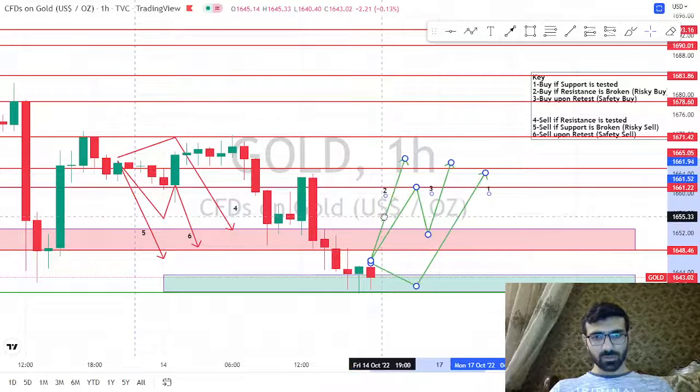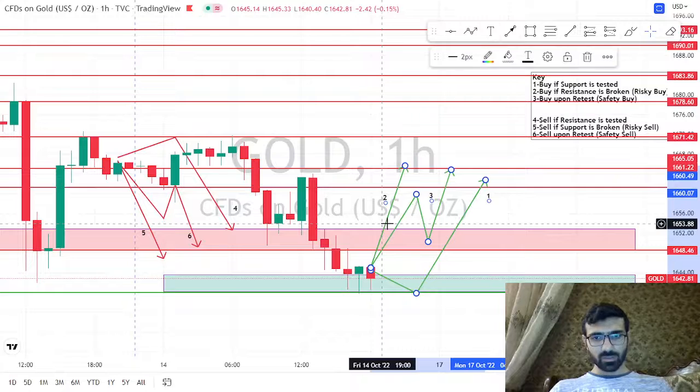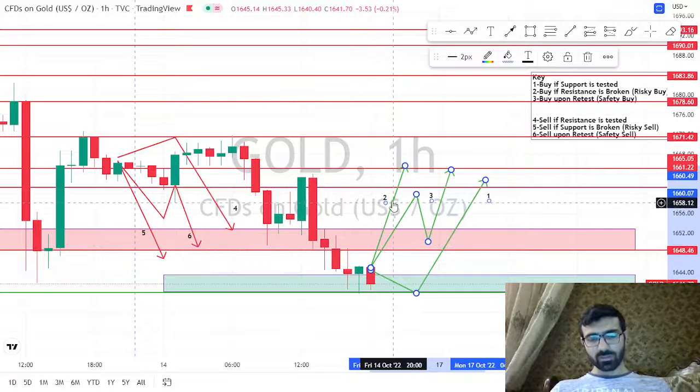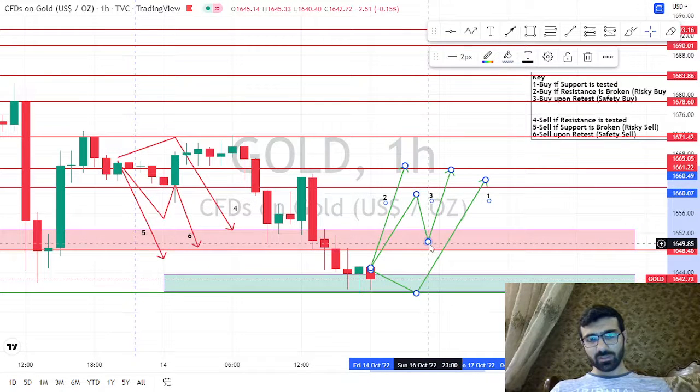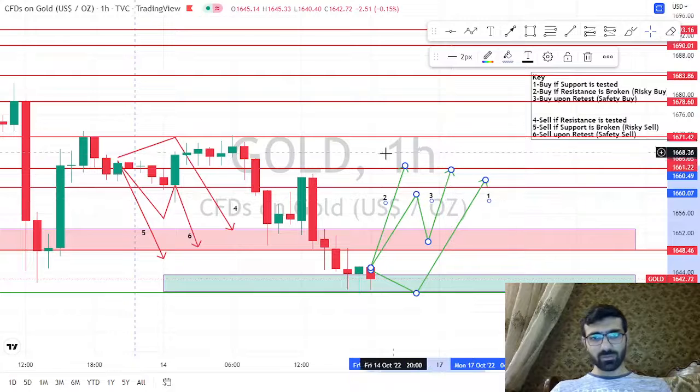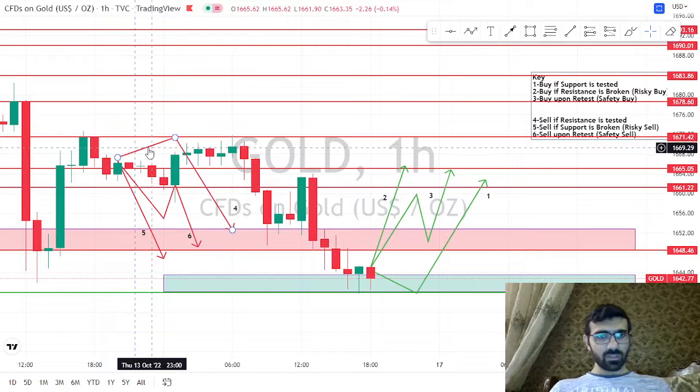In the event of buying, we would wait for the market to test this support, or break straight away above this area of resistance, or the market to retest this area of resistance and then close above this area, then we will buy this pair.